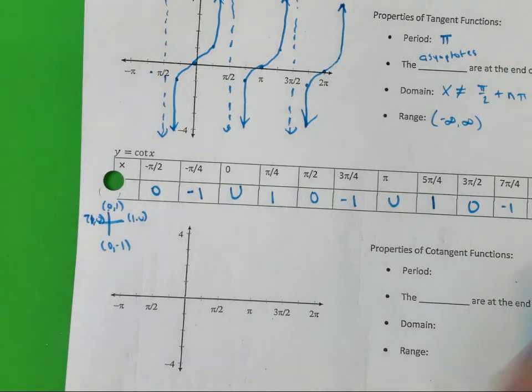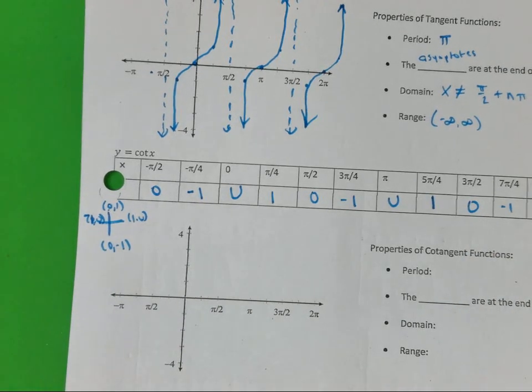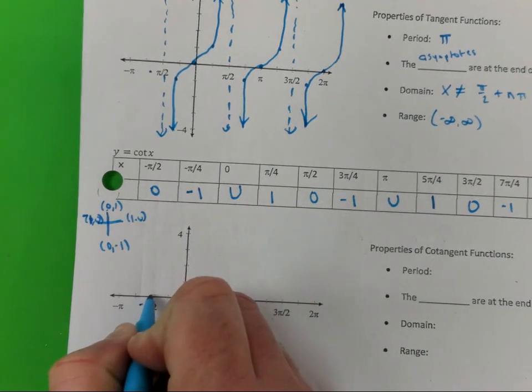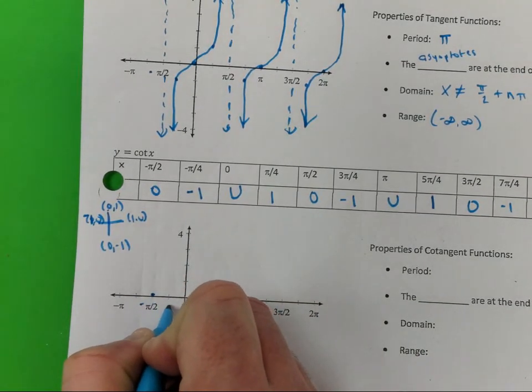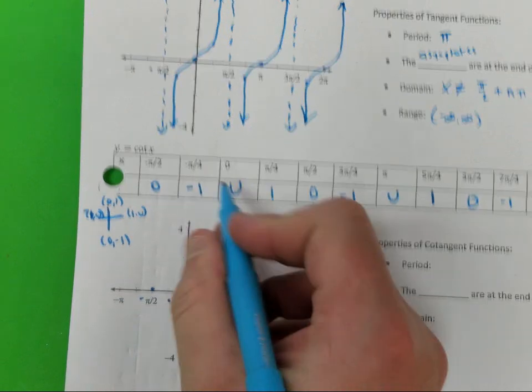And 2 pi will be undefined. Alright, let's graph this. Undefined.